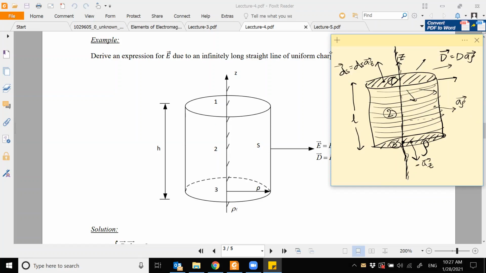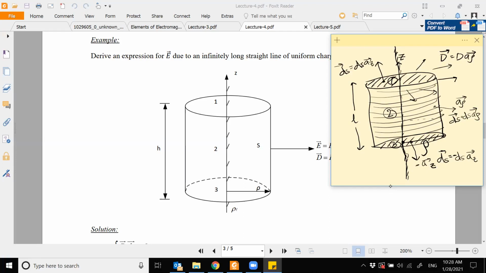For surface 3, dS bar is equal to dS times minus a z. And for this one, dS bar is equal to dS times a rho. Got it? So we got all three.